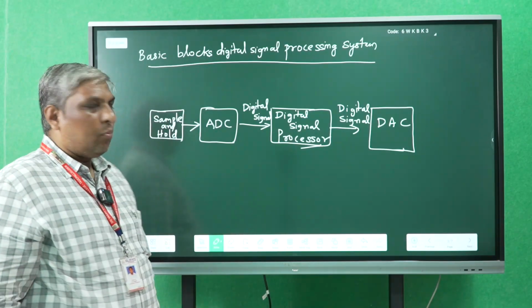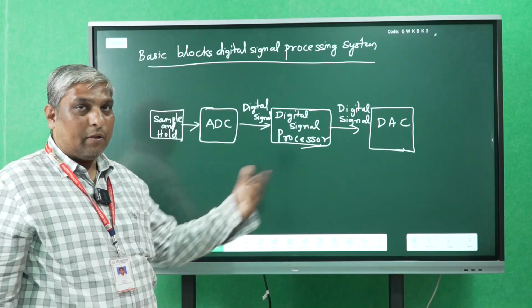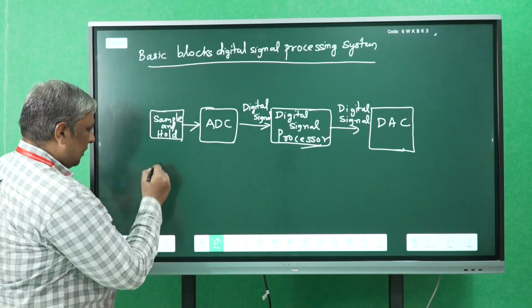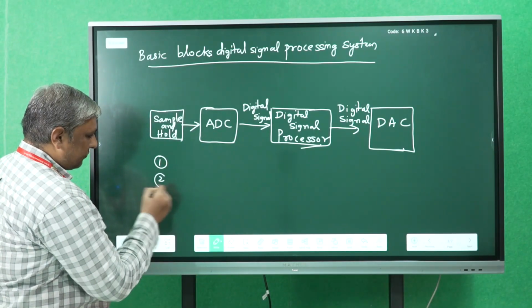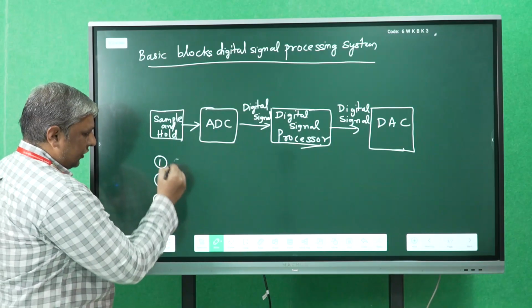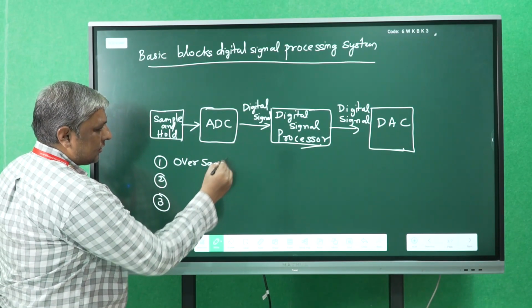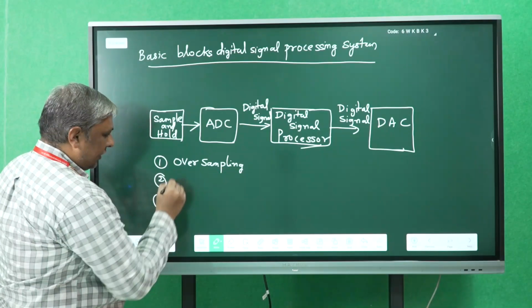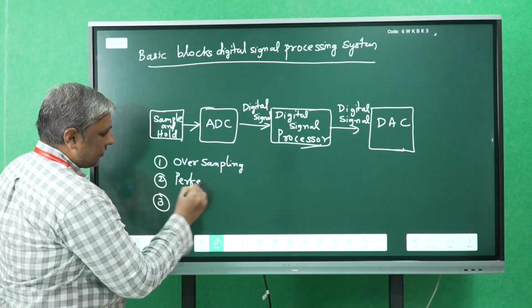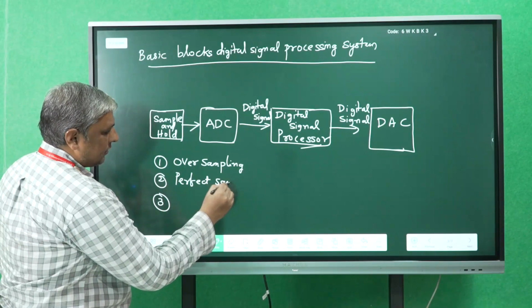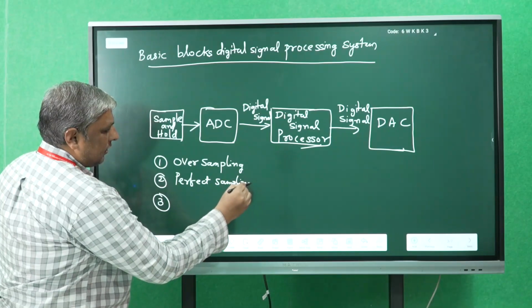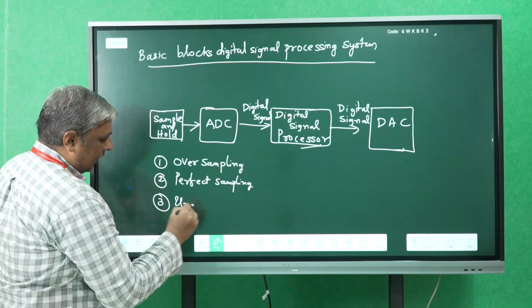There are some problems in the sampling theorem. There are three types of sampling: the first one is oversampling, the second one is perfect sampling, and the third one is undersampling.